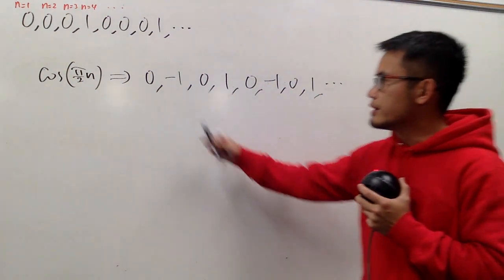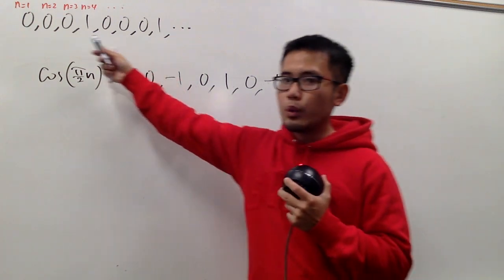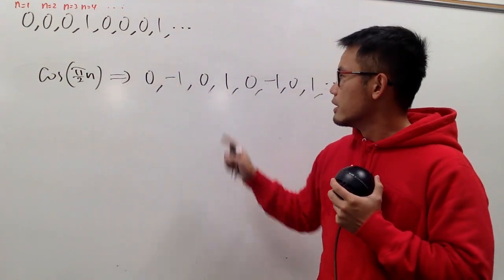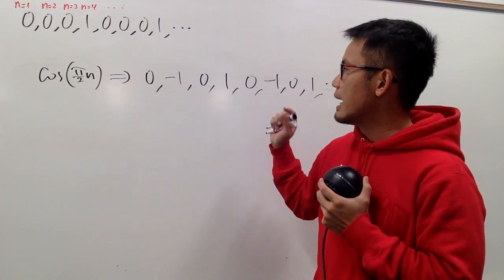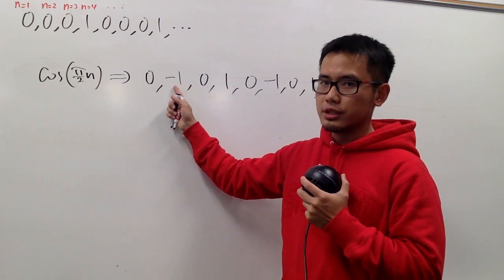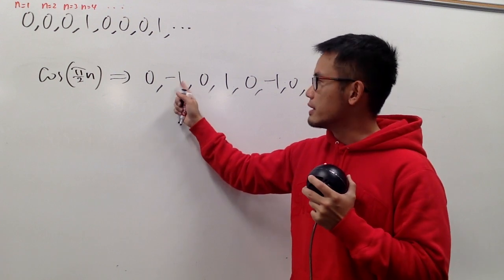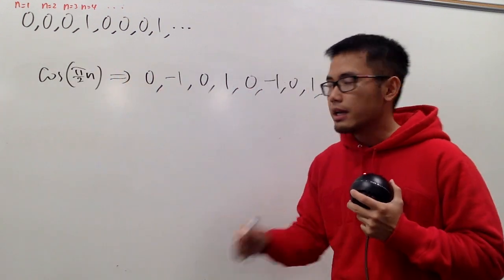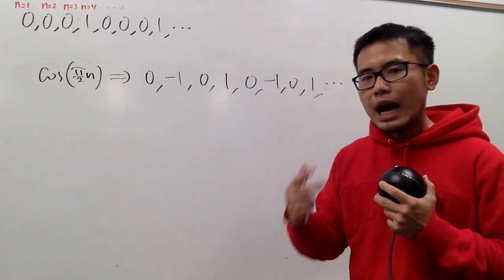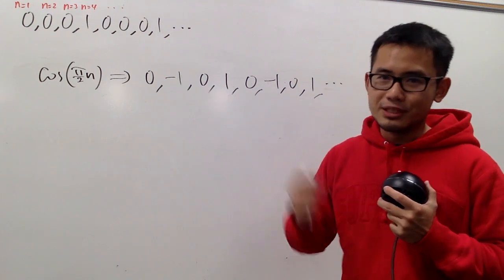Now, if you compare this and what we want to achieve, the 1 matches at the fourth spot, but I want to somehow make this equal to 0. If I can succeed to make this equal to 0, then this will be the same as that, right? Okay, we have -1 already. How can we make -1 become 0?